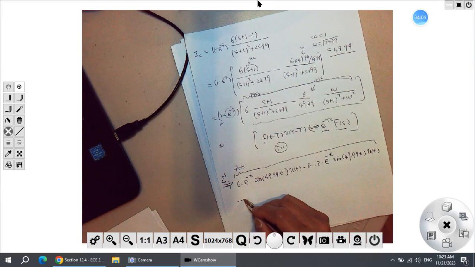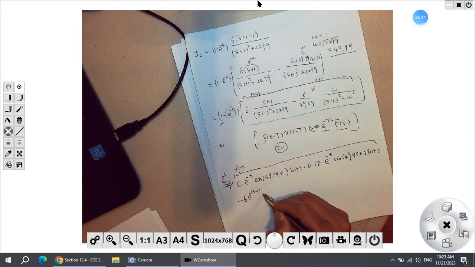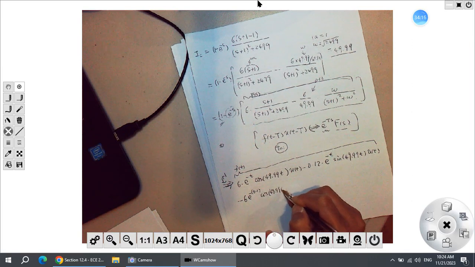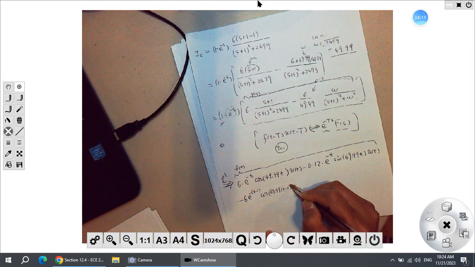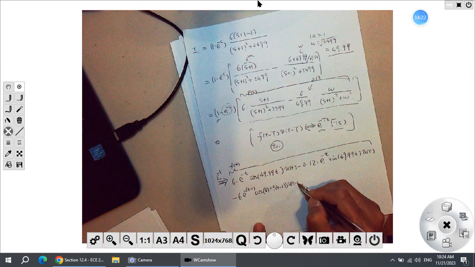So this is 6 e to the negative (t minus 1), and cosine of 49.99 (t minus 1). Replace all the t by t minus 1. And the u of t minus 1.